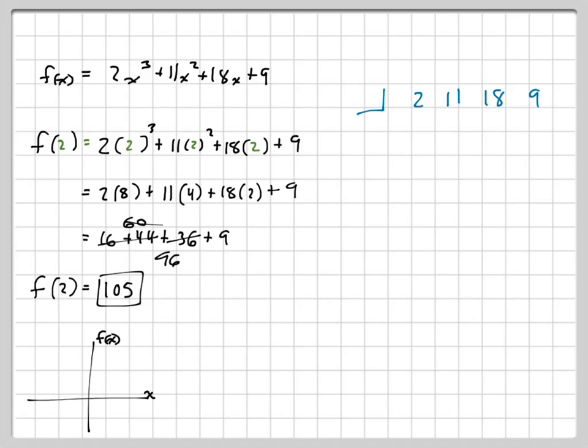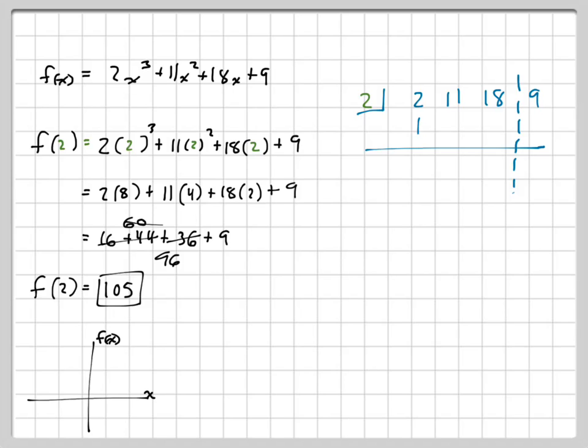In the box, we put the 2. Instead of plugging it into all this stuff, having to use the exponents and all that, here I'm going to do synthetic division, and whatever my remainder is, after I do the last number, that remainder should be 105.